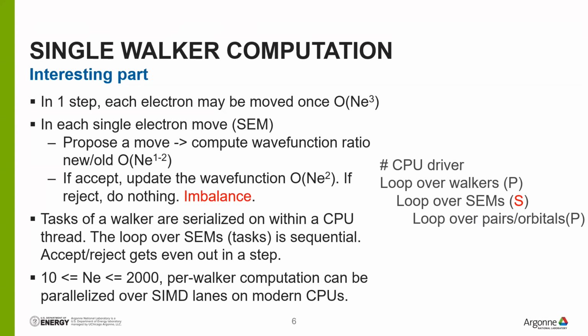The next step will be you do accept or reject. When you do accept, you compute certain quantity of the wave function, which is N cubed, right? Which actually is the leading scaling algorithmic complexity. That leading term is from this accept. However, if the walker has a reject, it has nothing to do, so it's zero cost.